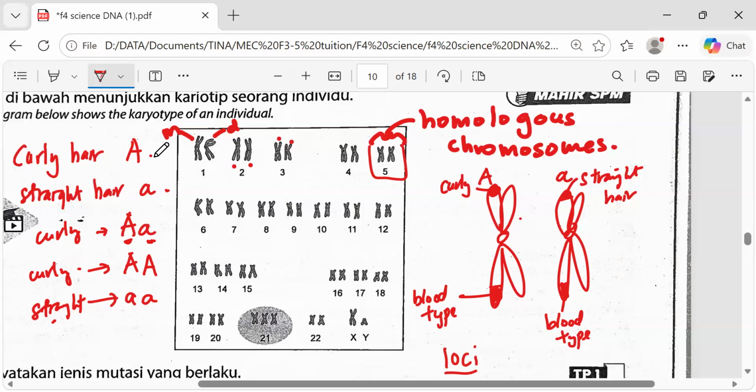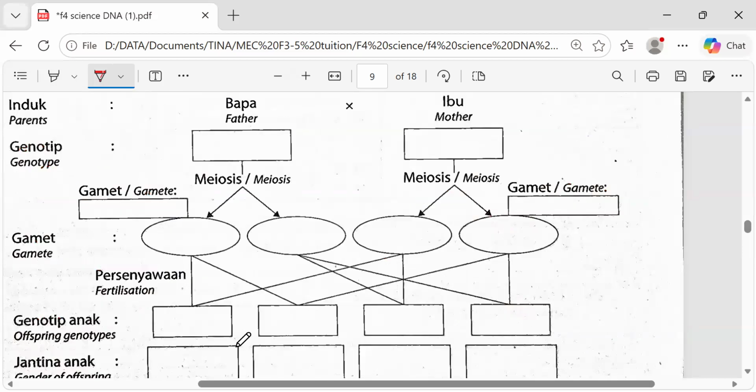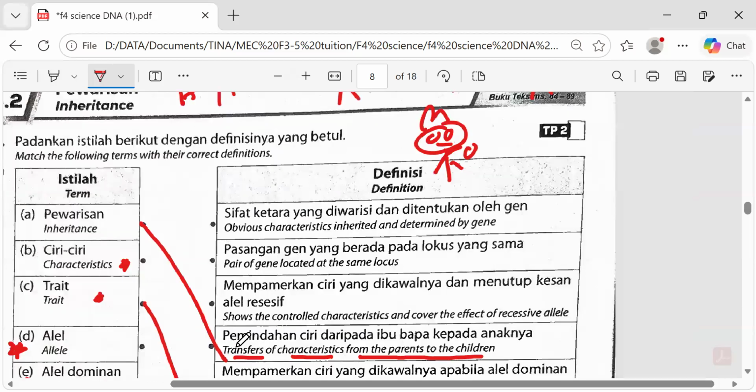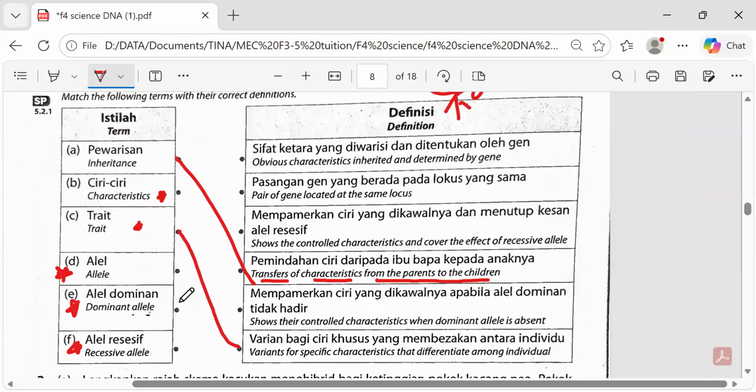So if you have a straight hair gene, people don't know, because your hair is curly, but your child may have straight hair. The dominant allele is the one that shows the controlling characteristic and covers the effect of the recessive.